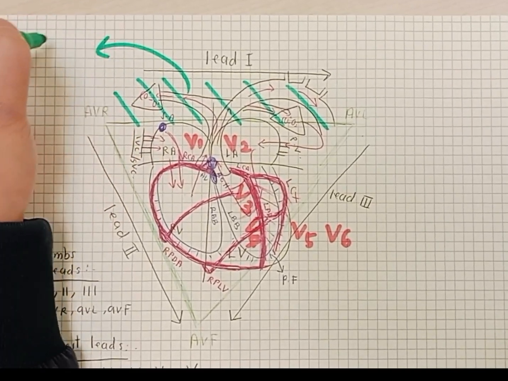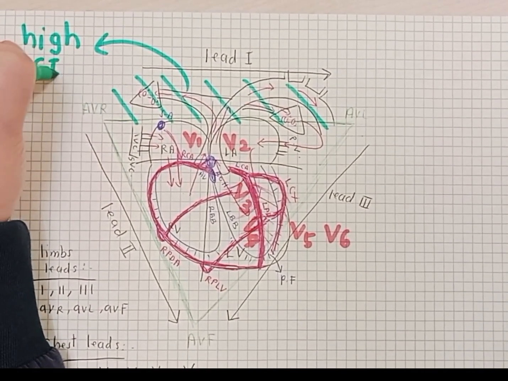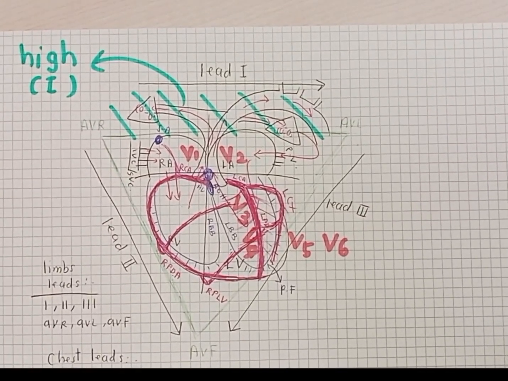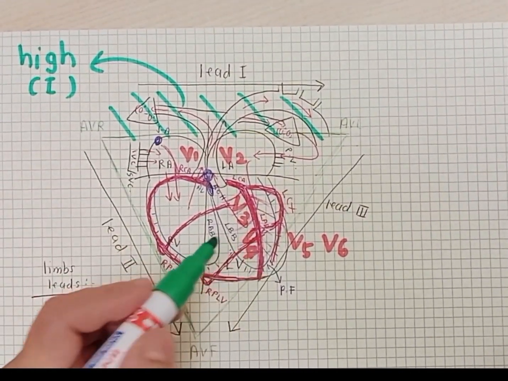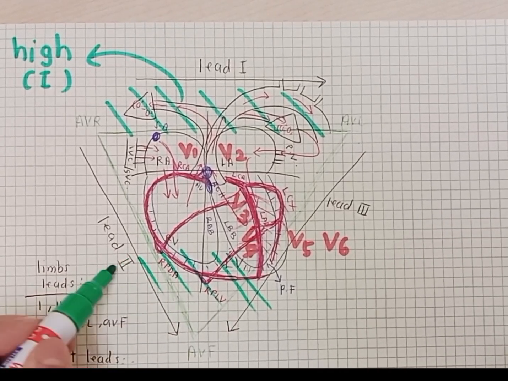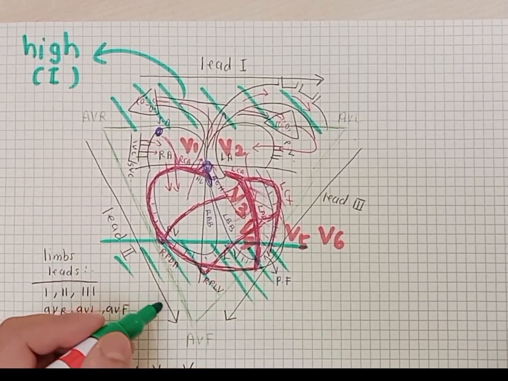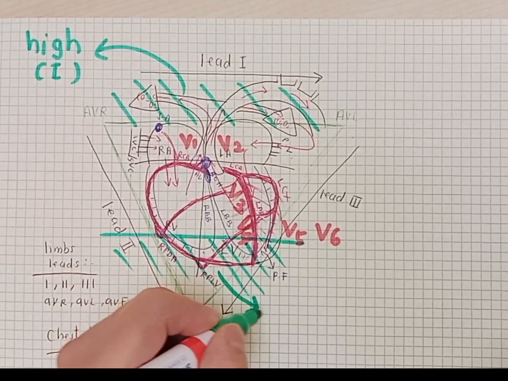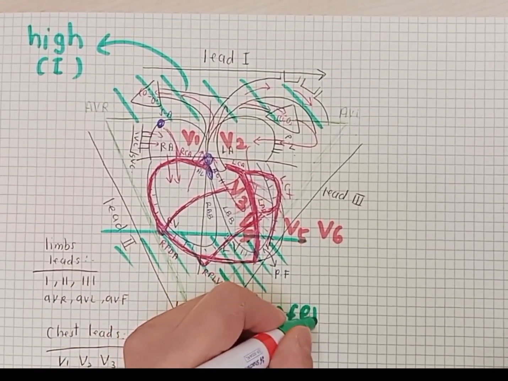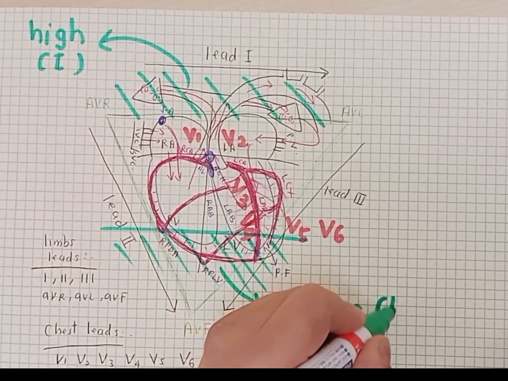This is high, which is lead 1. So this we call inferior. The below part here is the inferior.